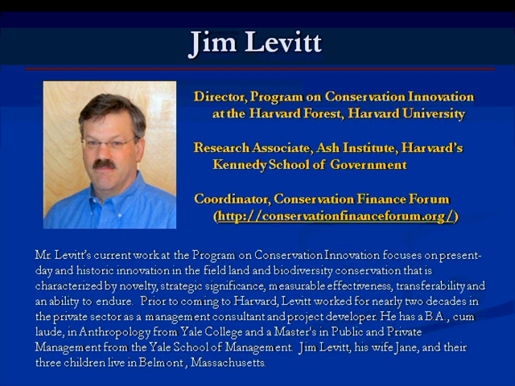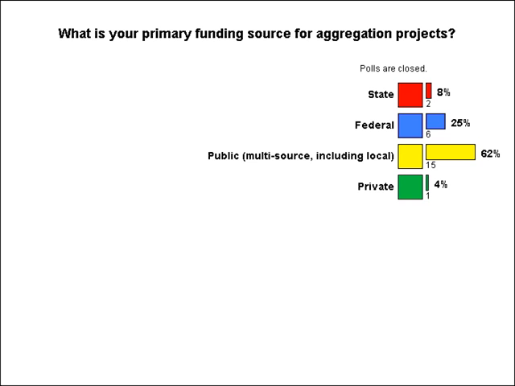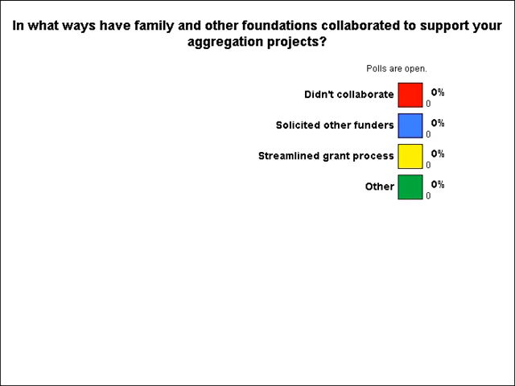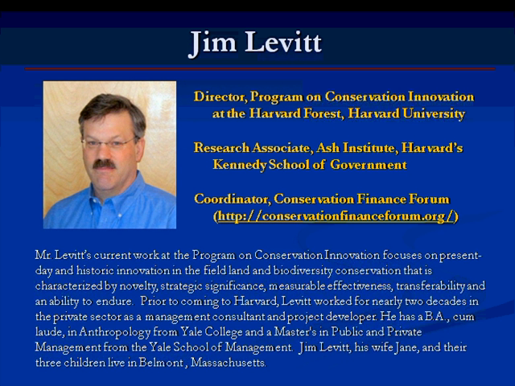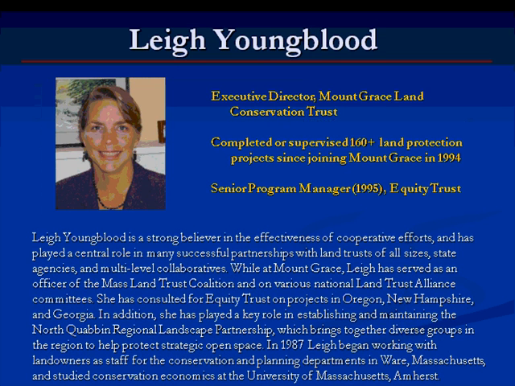Leigh? Well, I know that the current MOU that we have for the Wildlands and Woodlands project, which is the one project that I now have an MOU for, is, if not already, will be on the website of Wildlands and Woodlands. And so that is available, and I also would recommend Jim Levitt's report on mitigation and aggregation, because there are some very useful details.